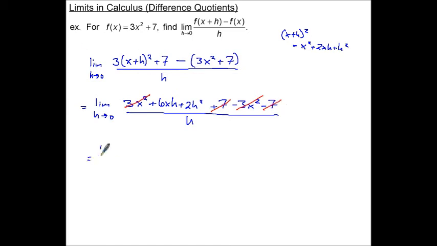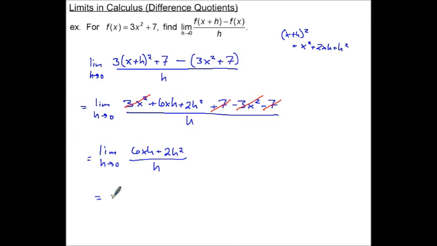Okay, and at this point, I've got the limit as h approaches 0 of 6xh plus 3h squared all over h. And then the good news is that at this point, I've got something that I can factor an h out of, or if you prefer, I can simply eliminate an h out of all 3 terms.